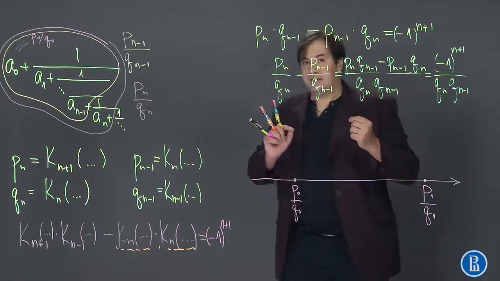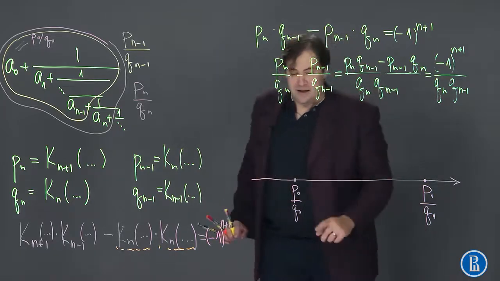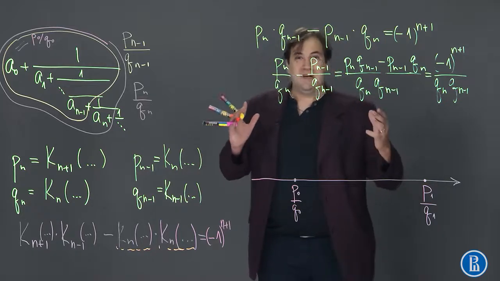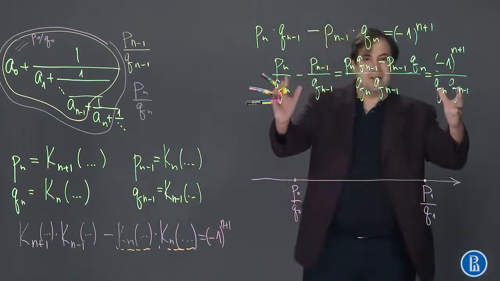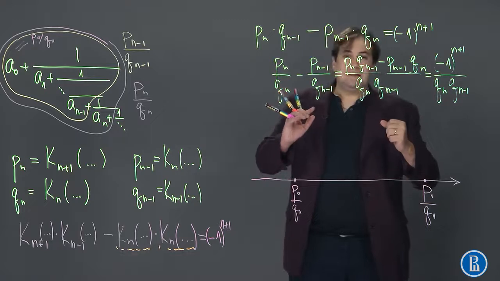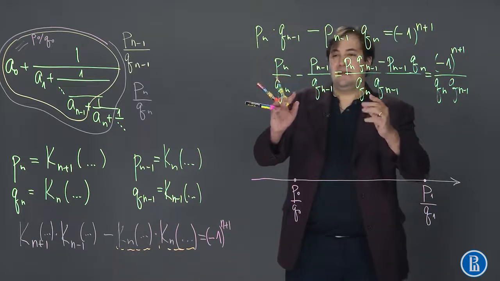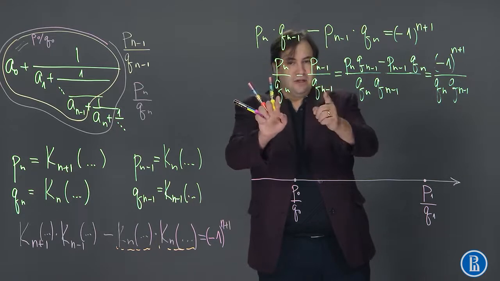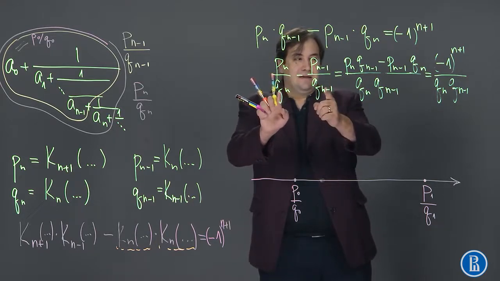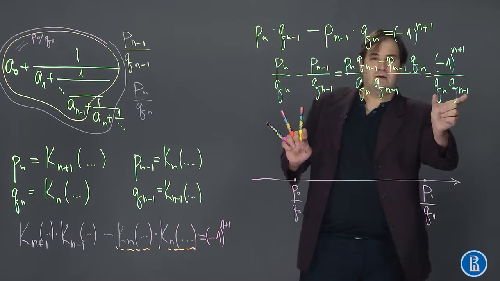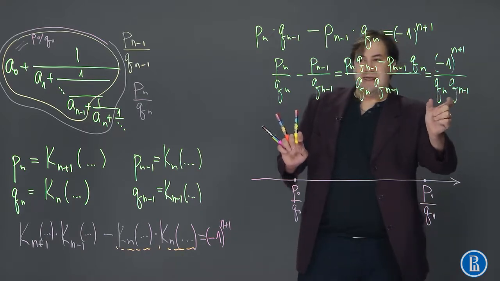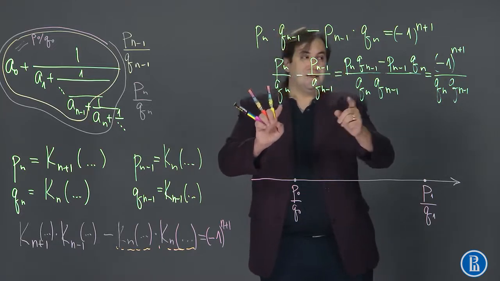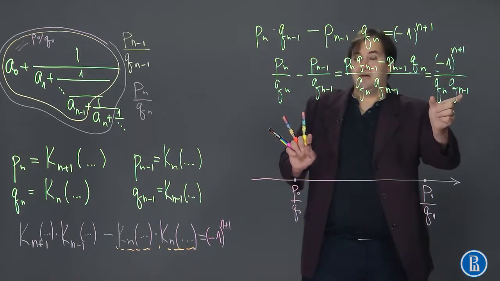But is it less or greater than P0 over Q0? Once again, we use this equality so that we can conclude that the distance between the first and second convergents is 1 over the product of their denominators. And the distance between the first and 0th convergents is 1 over the product of their denominators.